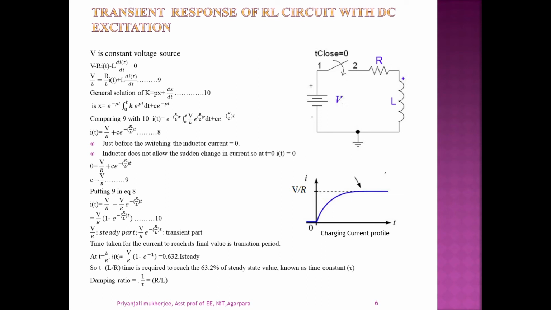So t equal to L/R is the time required to reach 63.2%, because multiplying by 100 gives 63.2. The time required to reach 63.2% of the steady state value is known as the time constant, and the ratio 1/tau is equal to R/L.